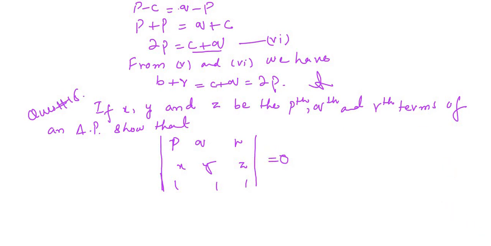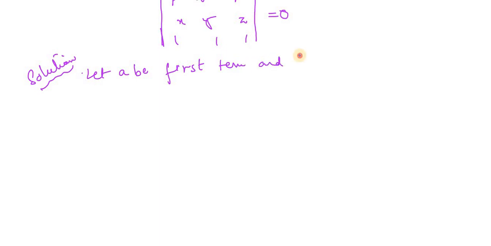So, solution is: similarly, let A be the first term and D be the common difference of an arithmetic progression.